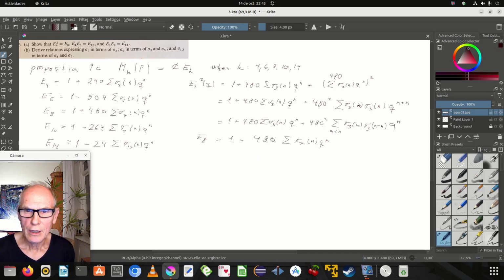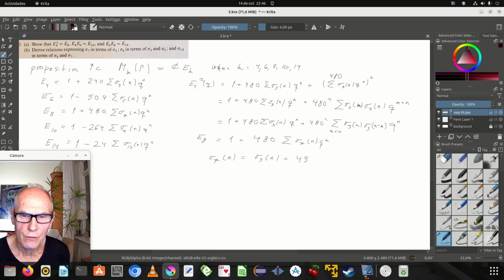And equating coefficients of equal powers, we get sigma 7 of n equals, unity agrees, sigma 3 of n plus 480.